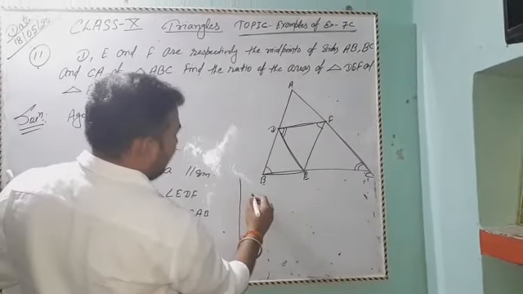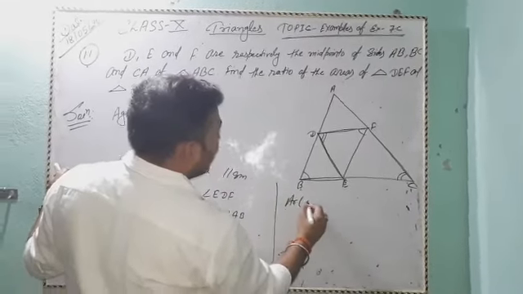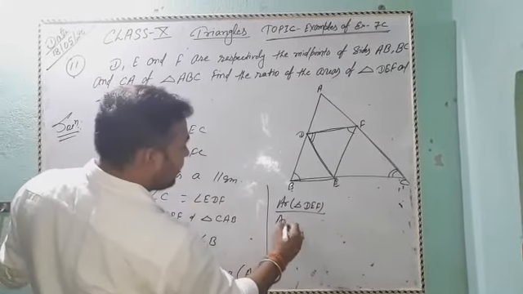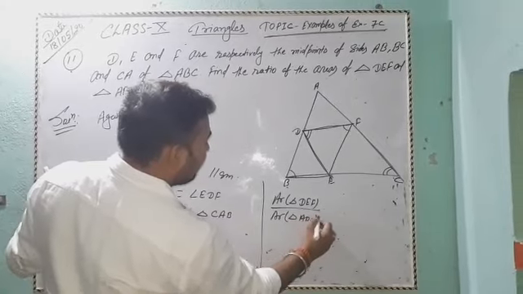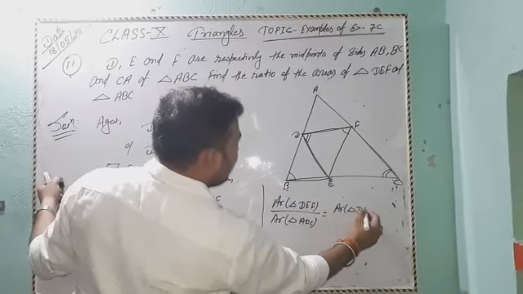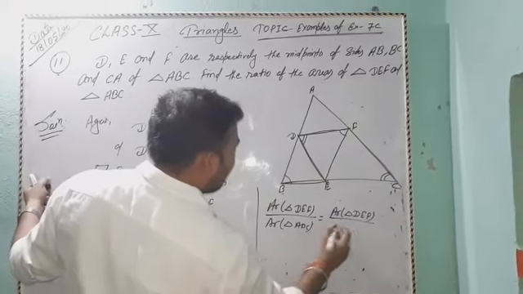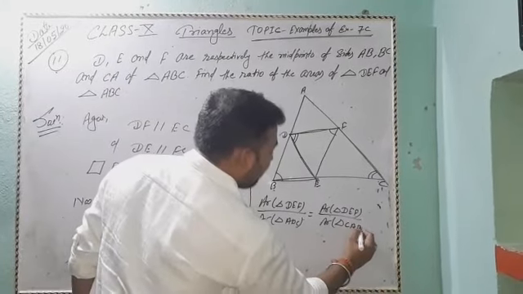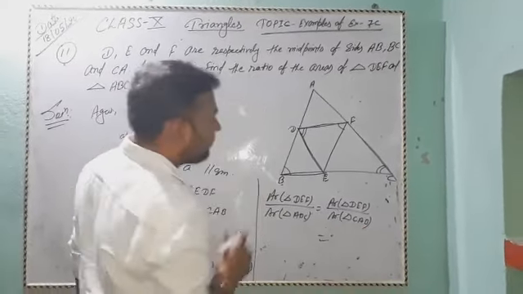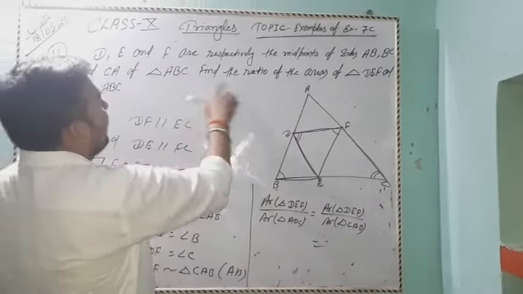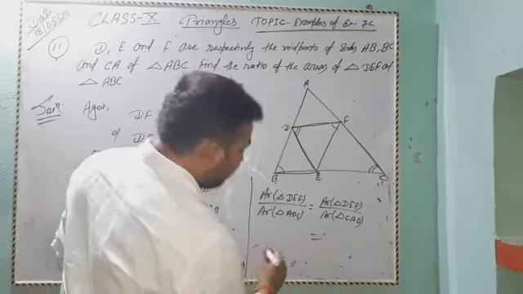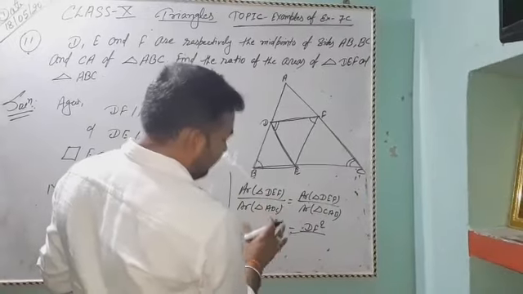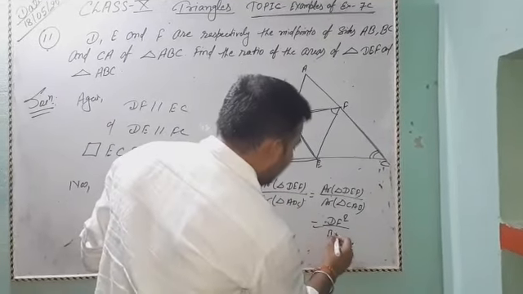So area of triangle DEF divided by area of triangle ABC, equal to area of triangle DEF divided by area of triangle CAB, equal to DF square divided by BC square.